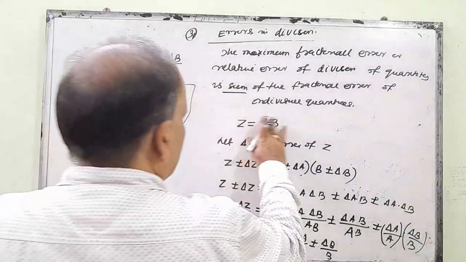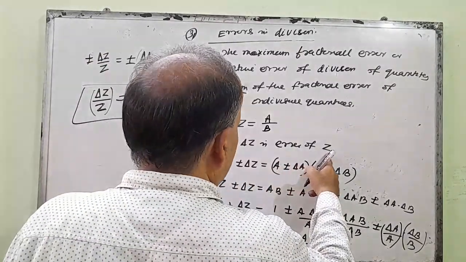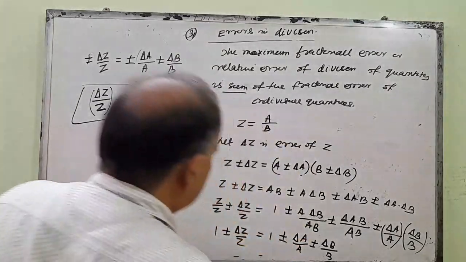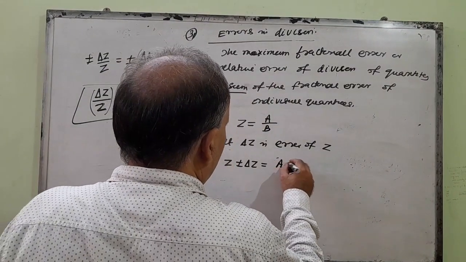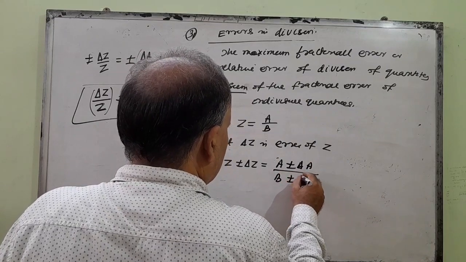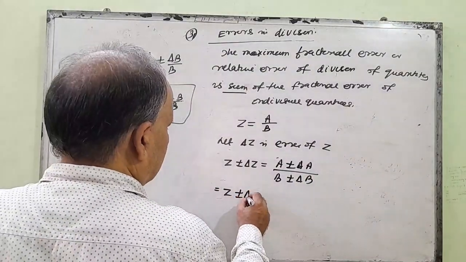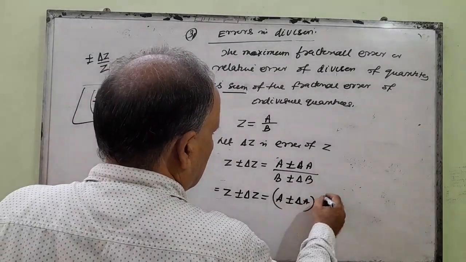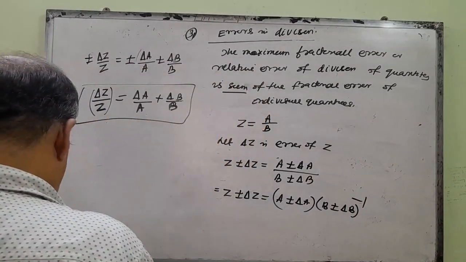You see, let Z is equal to A by B. Let delta Z be the error of Z. I can write Z plus minus delta Z is equal to A plus minus delta A divided by B plus minus delta B. I can write Z plus minus delta Z is equal to A plus minus delta A into B plus minus delta B whole to the power minus 1.